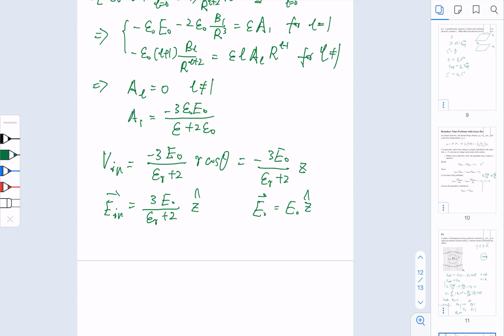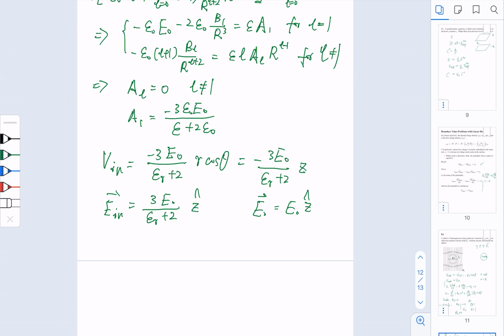So here you can imagine that if the relative permittivity, or this dielectric constant, equals 1, then the inside should be exactly equal to the outside, right? That's trivial, or expected, because a dielectric constant equal to 1 means vacuum. If you don't put any materials, then the inside E field should be exactly the same as outside.